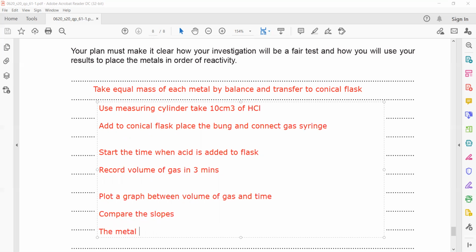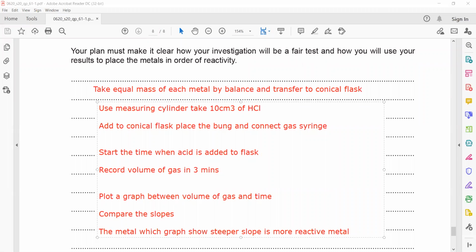The metal whose graph shows a steeper slope is the more reactive metal.